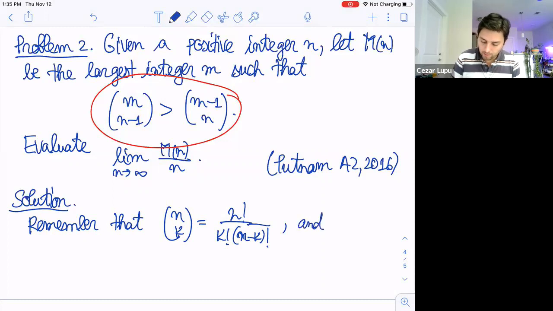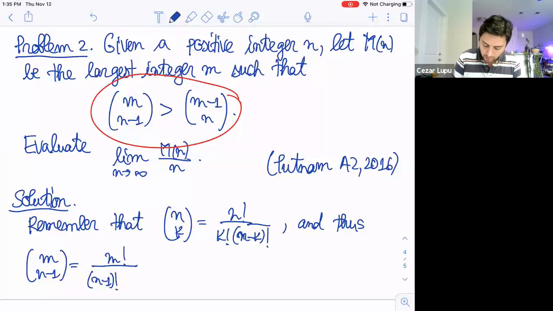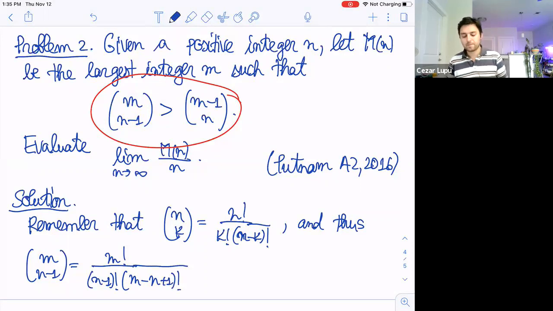And this implies that m choose n minus 1 will be nothing else than just m factorial over n minus 1 factorial times m minus n plus 1 factorial, right?